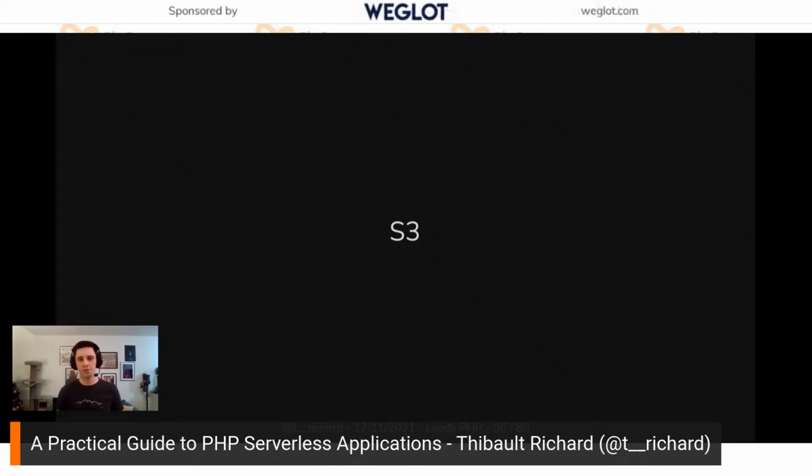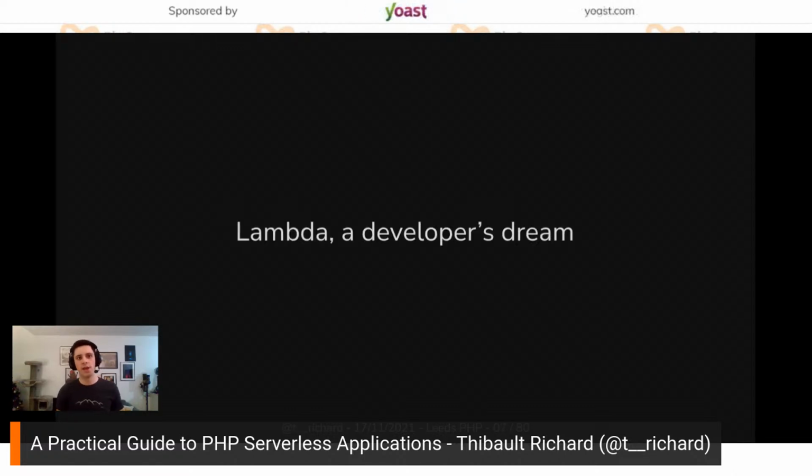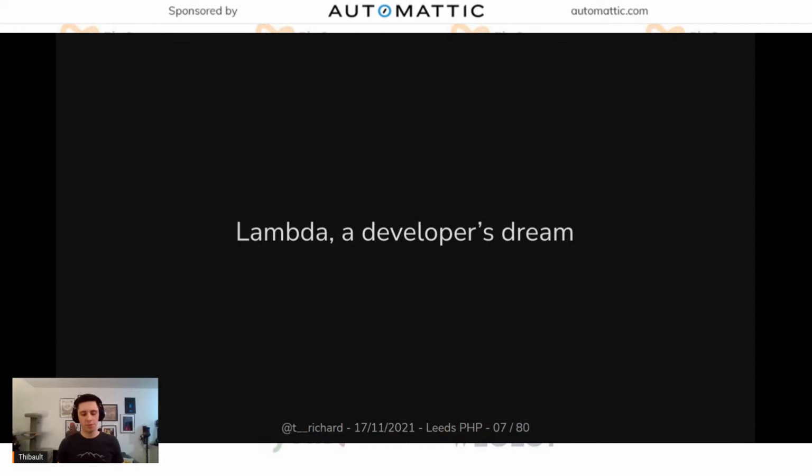One particular service that is really interesting for us developers is AWS Lambda. AWS Lambda is a serverless compute service, which means you just have to bring your code, and AWS will figure out the way to run it. It's called an event-driven service.